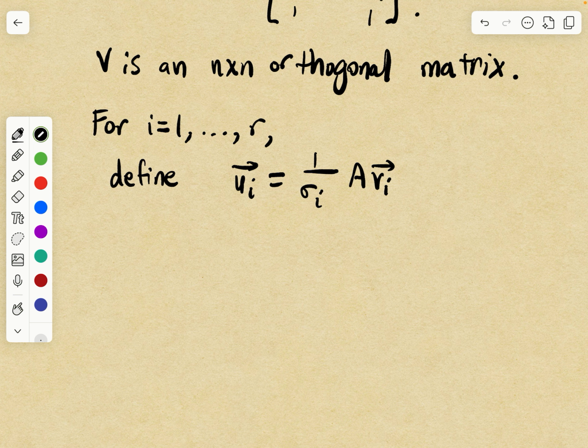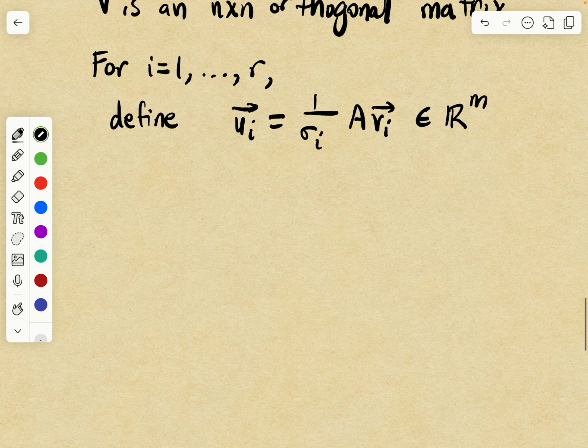Okay. And A times Vi, right? A is an m by n matrix, so A times Vi is an element of Rm, and I'm just dividing by sigma i. So this is a vector in Rm. And remember what we said about the singular values.